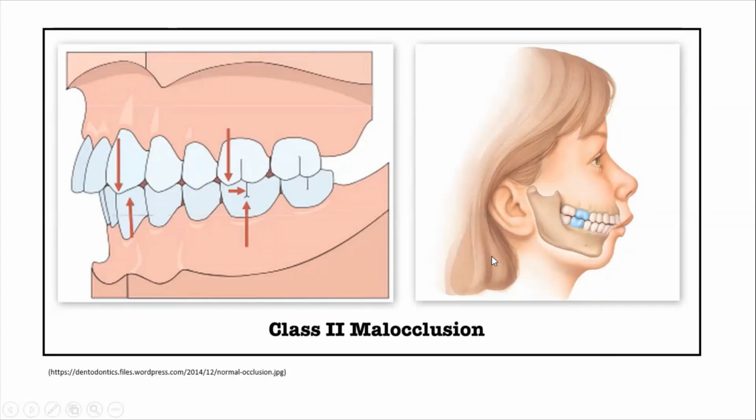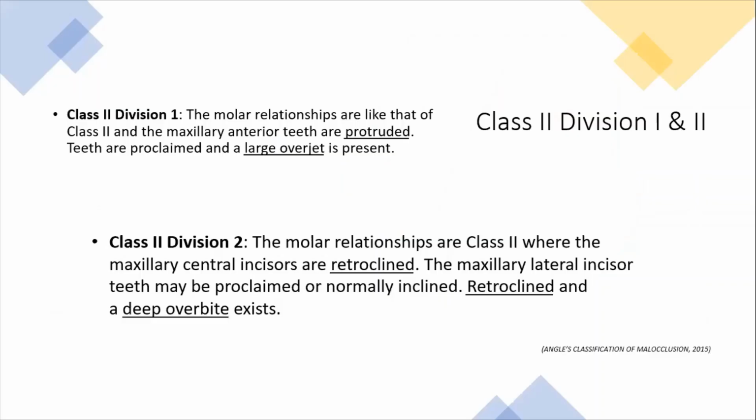So now we're going to go into division 1 and division 2 of class 2. The only difference here is division 1, everything is going to be the same in class 2. You've got the same molar relationships. The difference is those anterior teeth are going to be protruding out over the lower anterior teeth.